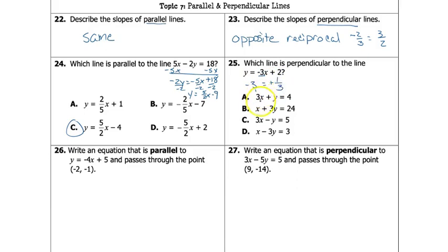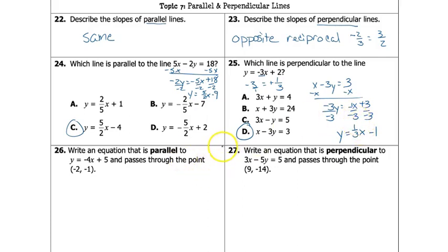So try A, B, C, and D and see which one has a slope of positive 1/3. All right, there for number 25. When I go ahead and look at D here, I move the x over by subtracting. I'm then going to move the -3 away from the y by dividing everyone by -3. And look there, negative x over -3. Remember, that's -1x. Well, negative divided by negative makes a positive, and 1 over 3 just stays 1 over 3.